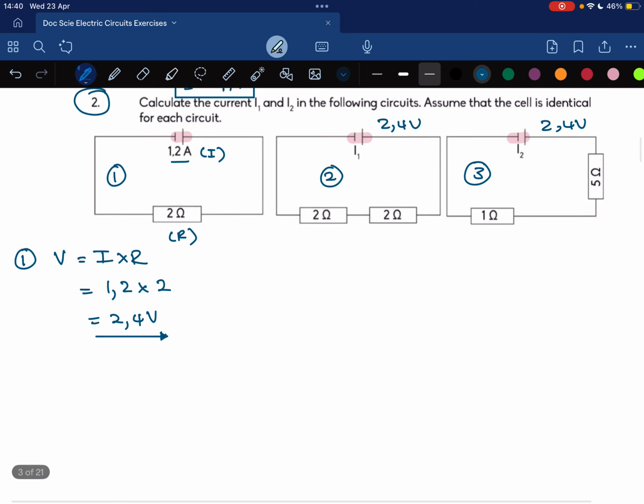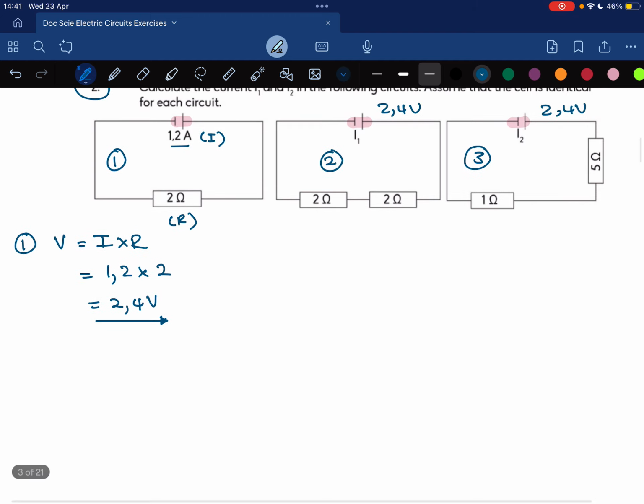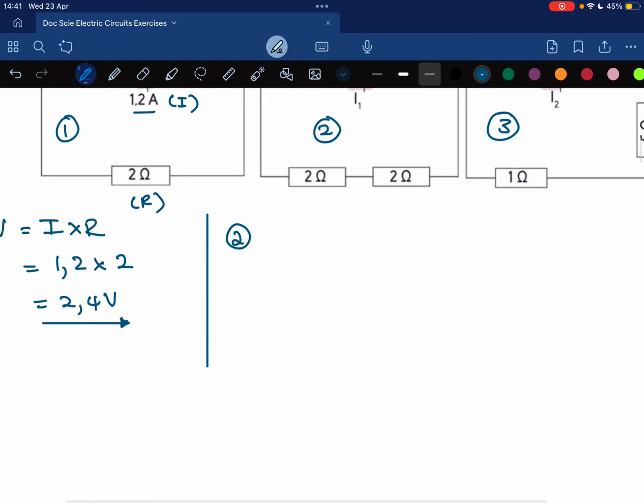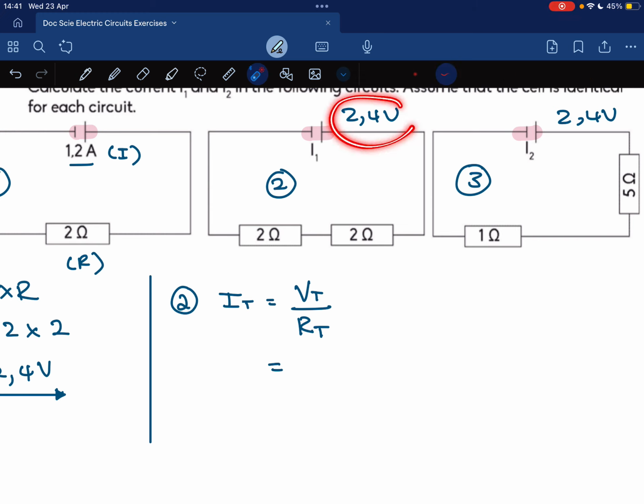So now the current they want you to find is obviously going to be the total current. So for circuit 2, the total current is going to be equal to the total voltage over the total resistance. The total voltage is the 2.4 volts.